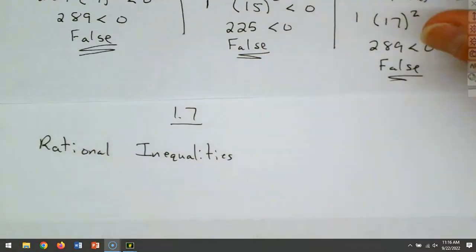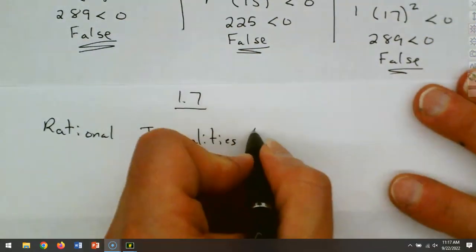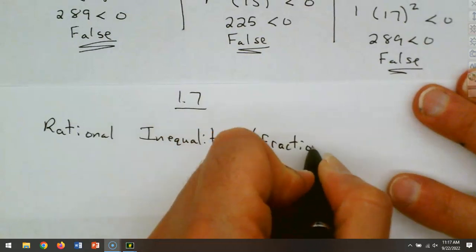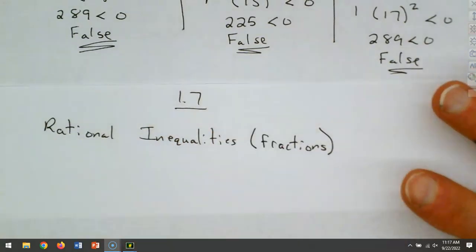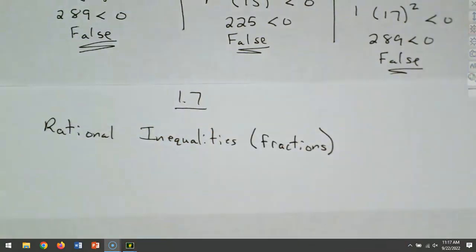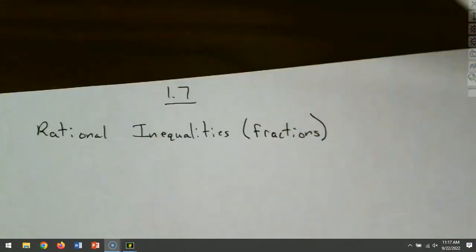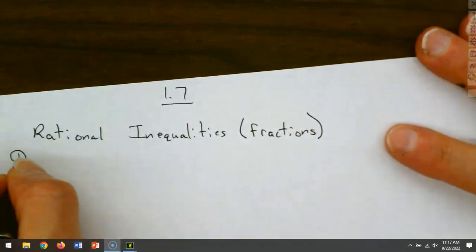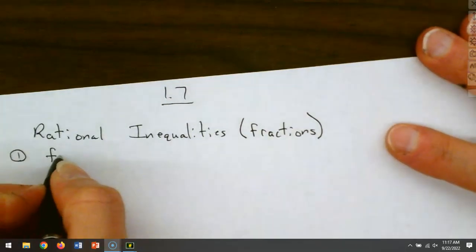And for these rational inequalities, these are fractions. So we're going to be looking at fractions, and we have a step-by-step procedure to solve these. So the first thing we do is find the numbers not in the domain.